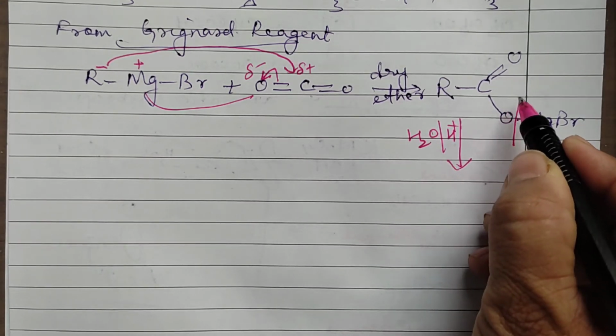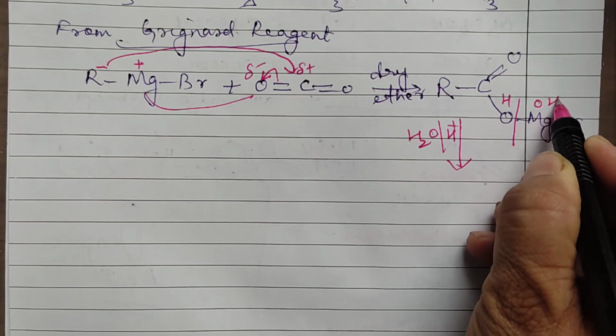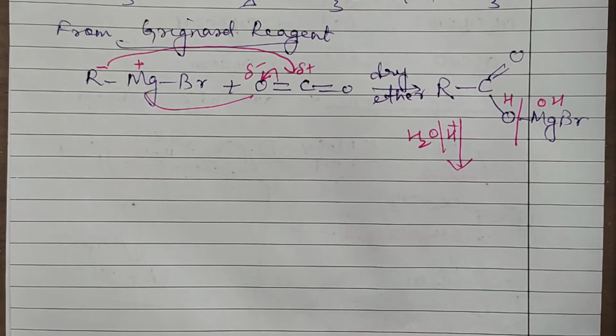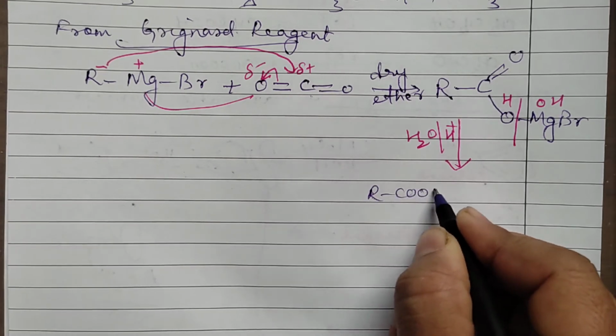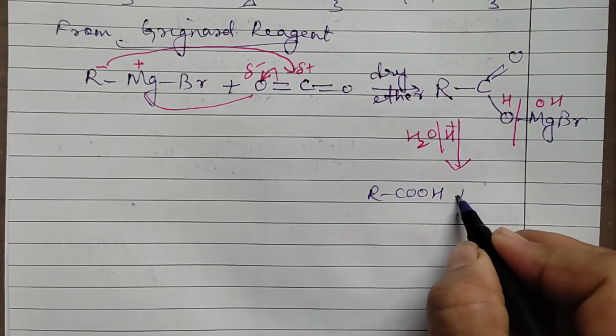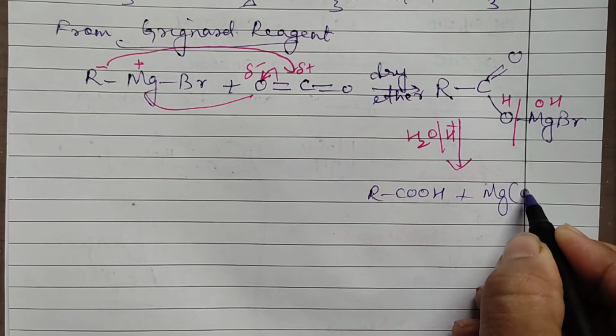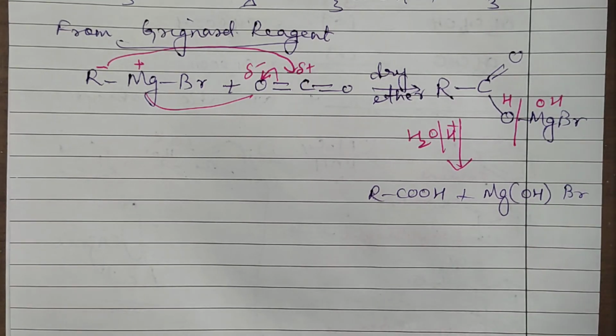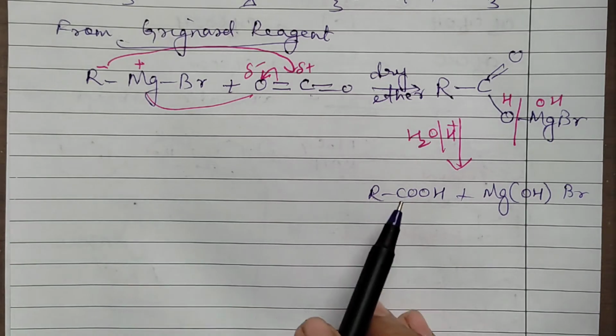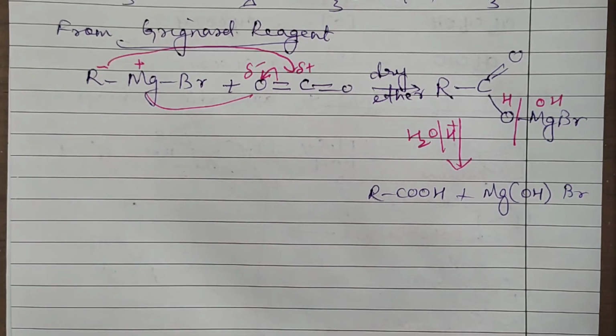So you will have here H and you will have here OH. So what product you are getting here is RCOOH, plus you are having here magnesium and then OH and Br, hydroxybromide. That means you are getting a mixed product.